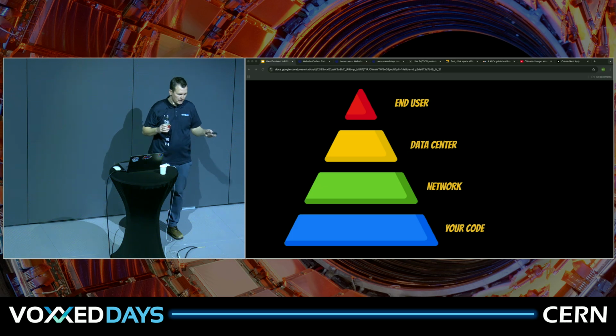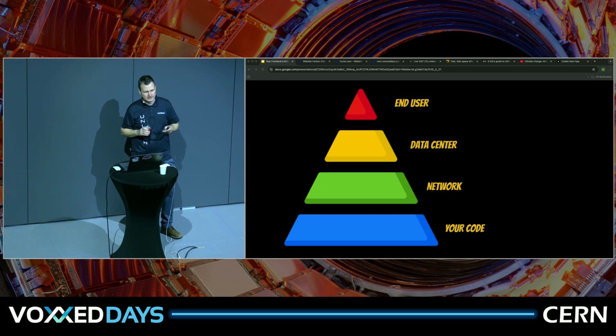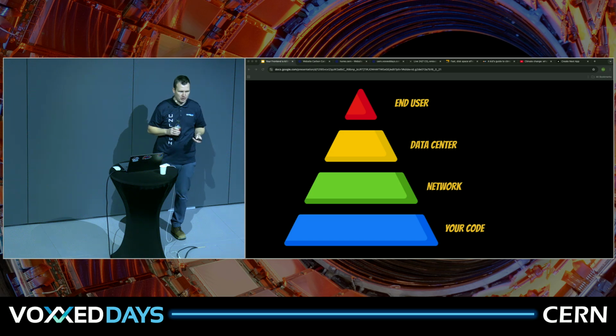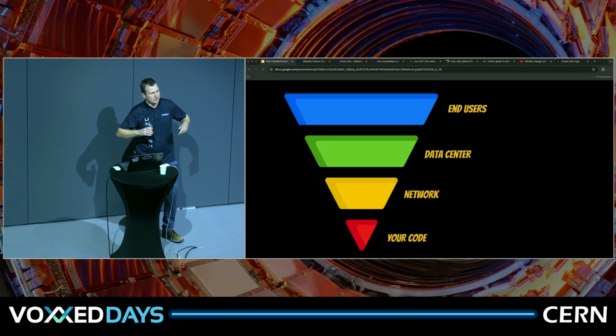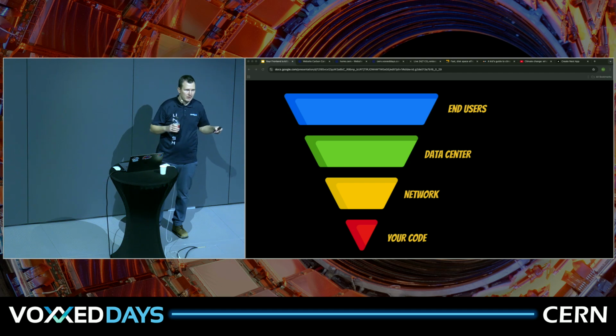So we all think about the end users using the application, the data center, the network, and your code. And everybody is thinking, hey, my code, I can make a really big impact there. That's kind of true, not always, but it's more like the other way around. We need to teach our end users, the data center is very important there.